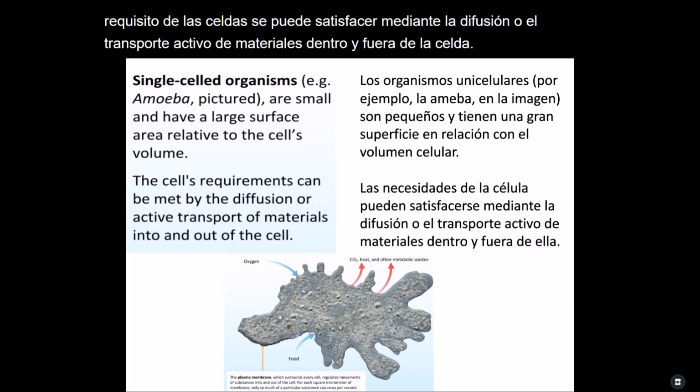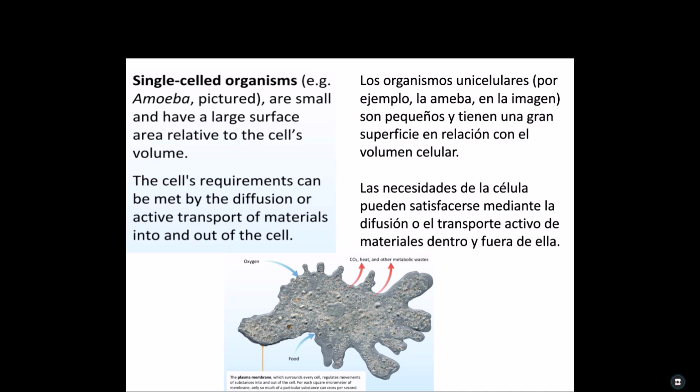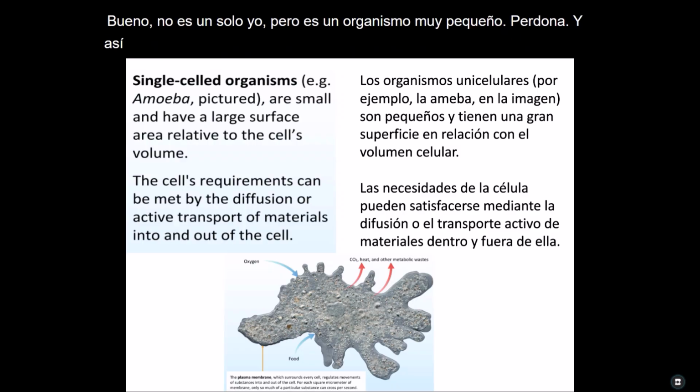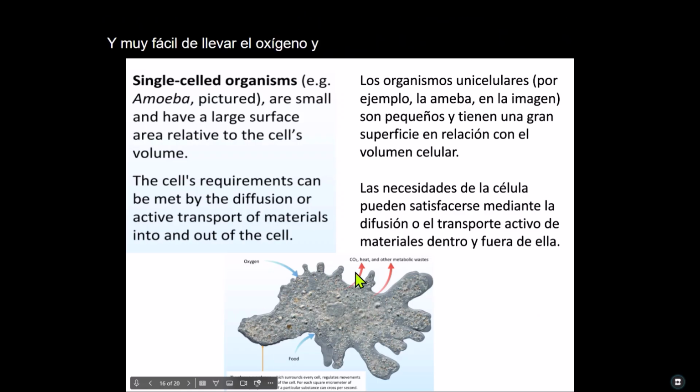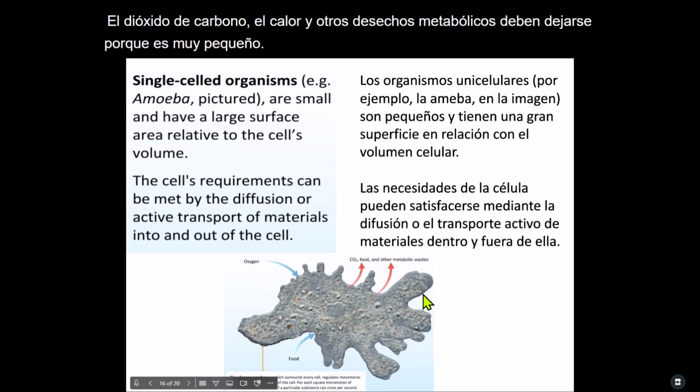In other words, it's a very small organism, and so it is very easy for material to transport in and out of this cell. It is very easy for oxygen and food to go in, and carbon dioxide, heat, and other metabolic waste to leave because it is a very small celled object.